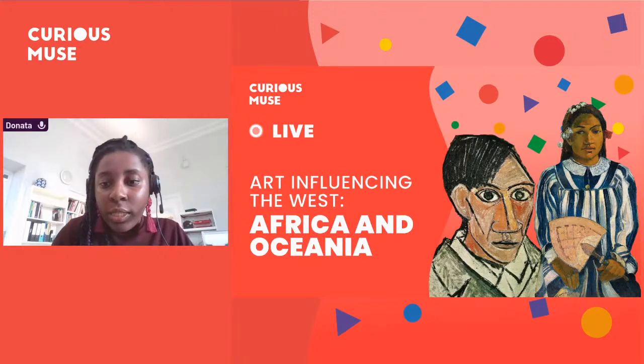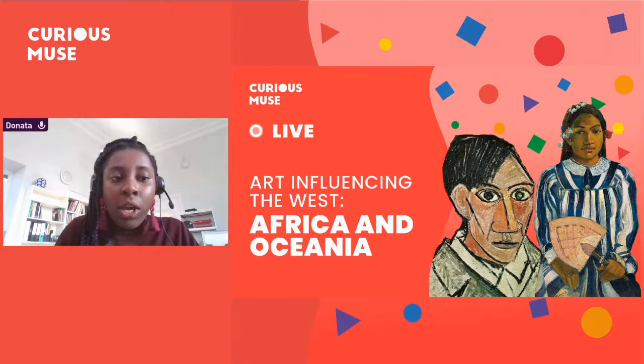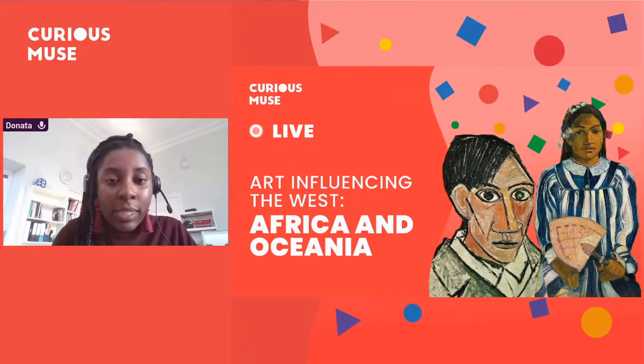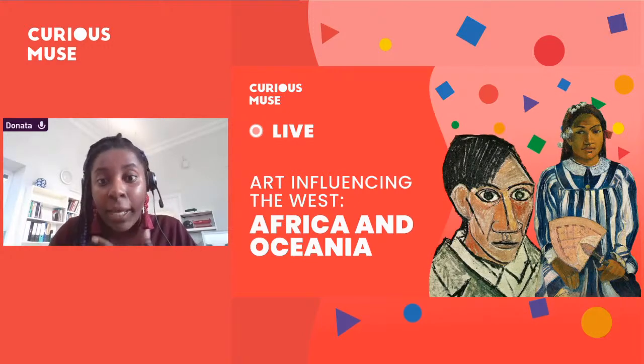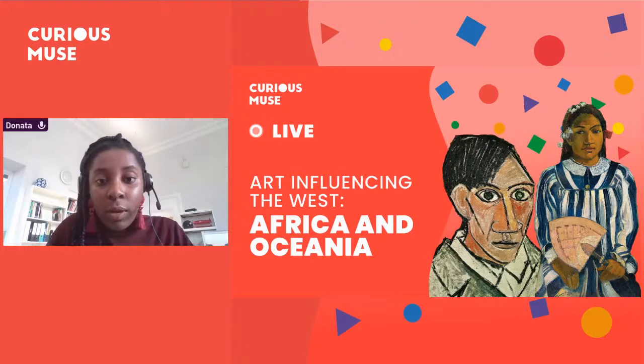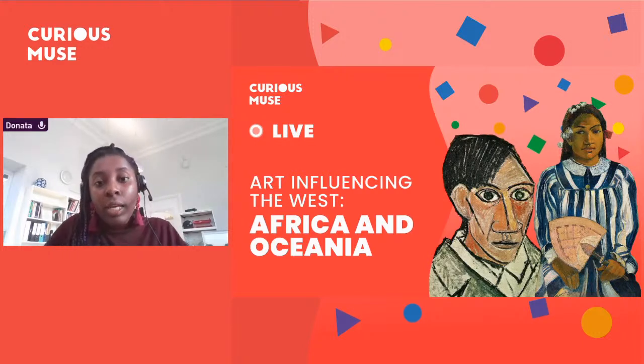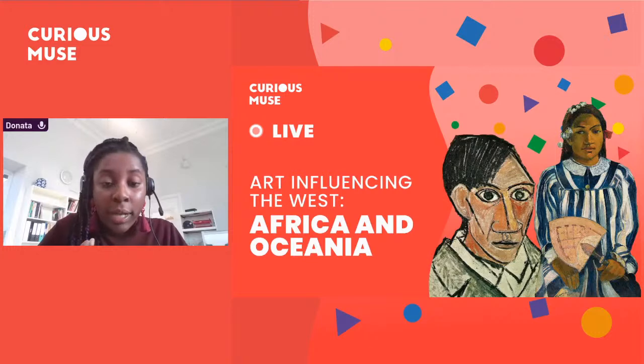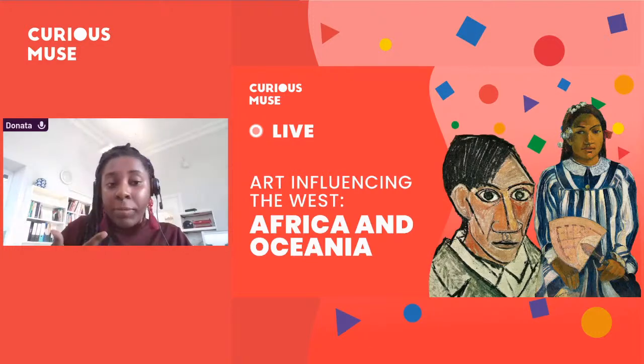Also, I just wanted to point out before we start that we mention a lot of big names, artists who are authored, like Picasso. But there's a lot of artists who are unauthored, and there's many reasons why. They can be from groups that do work together or tribes that do work together.